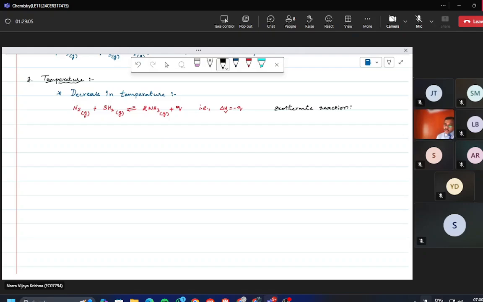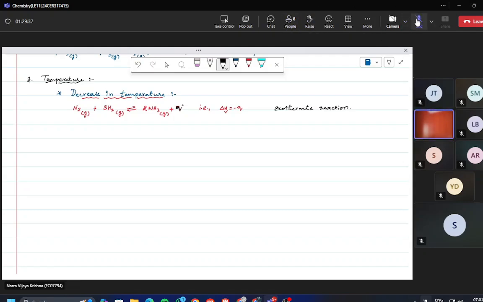Now, what we are doing here? Decreasing temperature means I am cooling it. I am cooling it means what am I doing to this Q? Removing. Correct? If I remove Q, what does equilibrium have to do? It has to produce Q. To produce Q, what does it have to do? Forward or backward?